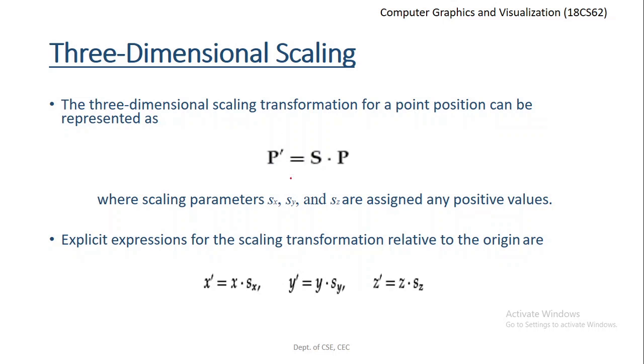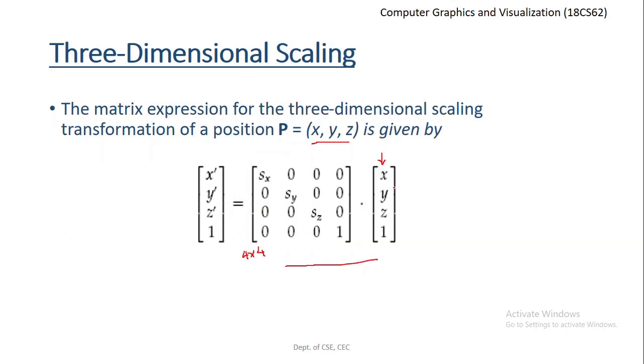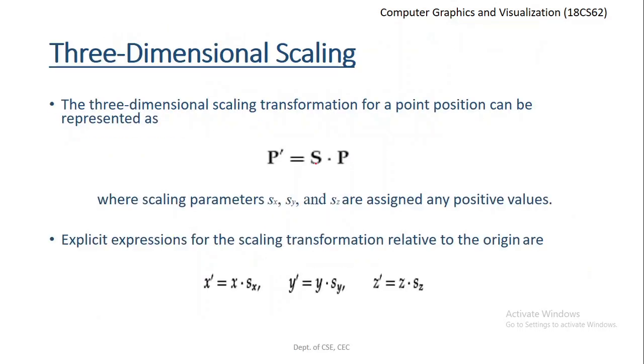The 3D scaling transformation for a point position can be represented as P dash is equal to S dot P, where P is the column matrix that we just discussed and S is the scaling matrix. This is a 4 by 4 matrix that is used in order to scale a given point. After scaling, the new point that we get is represented by P dash.